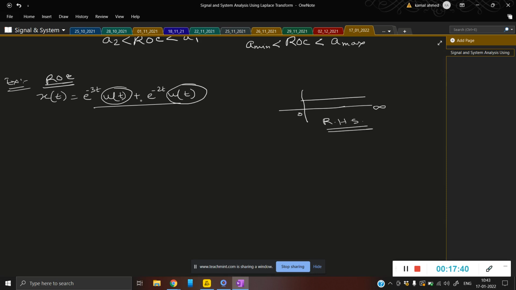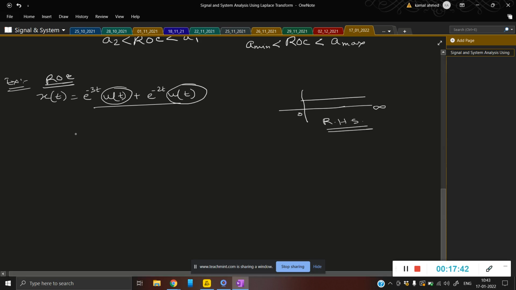Now we have to find out the poles. So this is e to the power minus 3t and e to the power minus 2t, which are the coefficients of u of t. So the poles will be minus 3 and minus 2.